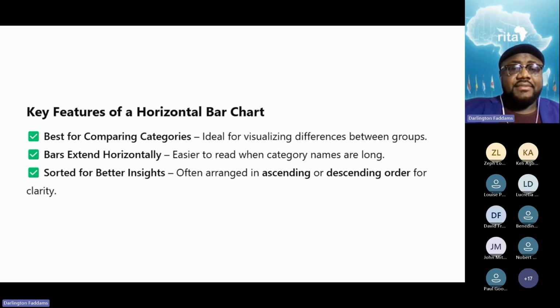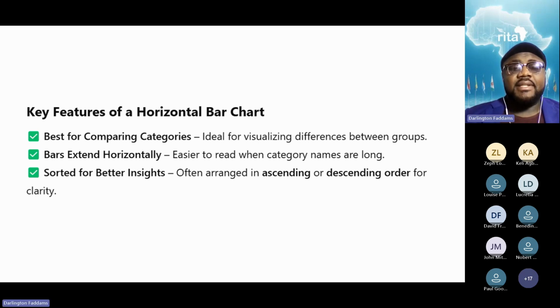That is very clear. The key features of horizontal bar charts: best for comparing categories, ideal for visualizing differences between groups or between categories or between different items or different products. The bars extend horizontally, and it's easier to read when the category names are long.